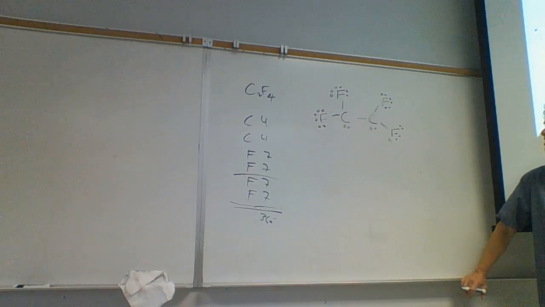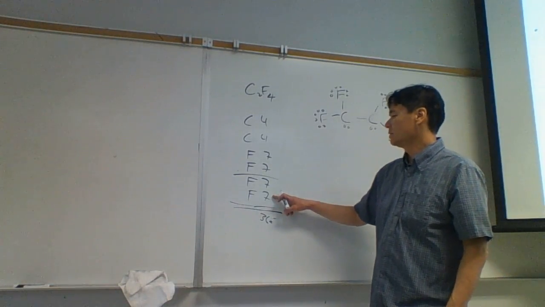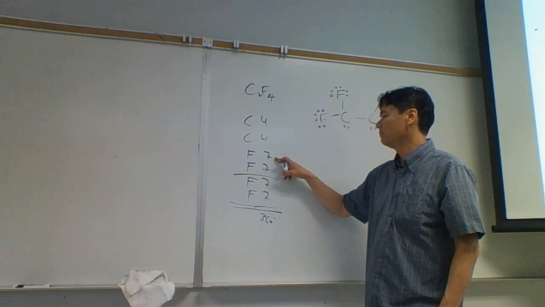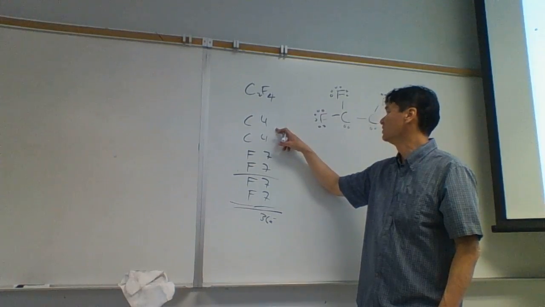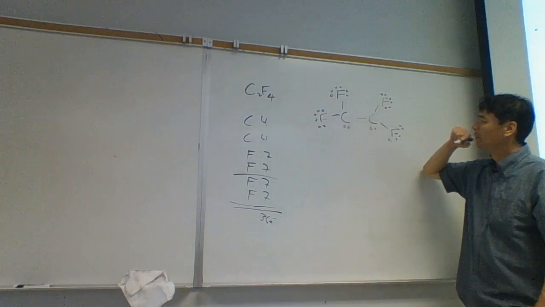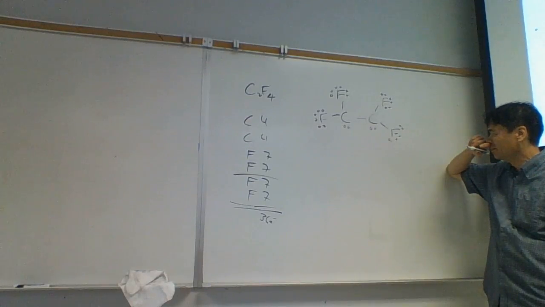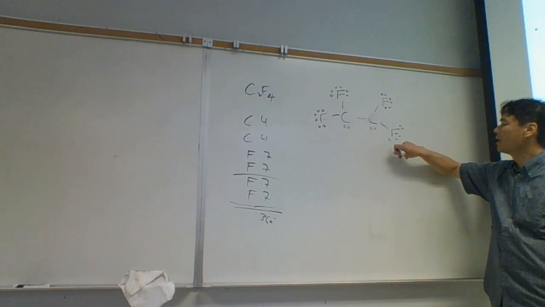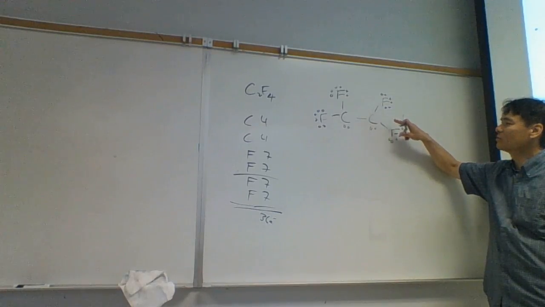I think I must have miscounted. Did I miscount? Never mind. 28, 32, 36. 8 times 4 is 32.